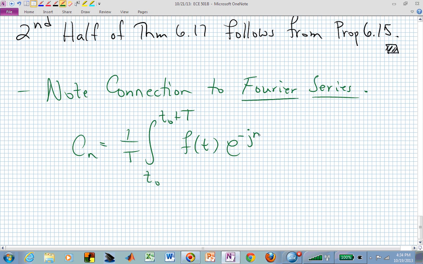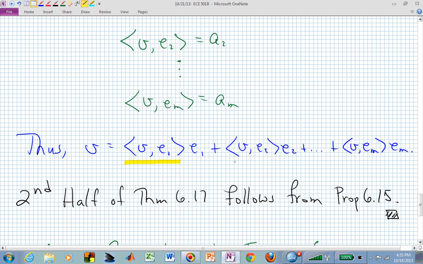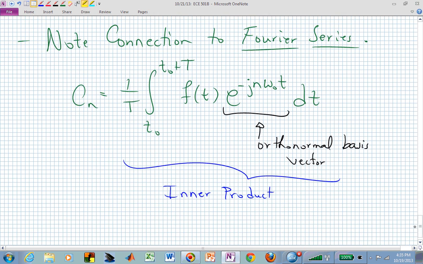Meaning n omega naught, whatever n is, gives us a new orthonormal basis vector, and this integral is now the inner product, and that provides us with these coefficients that then scale each of these orthonormal basis vectors in an exponential Fourier series expansion.